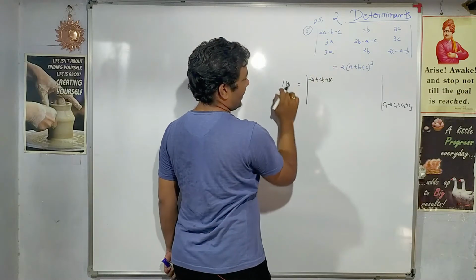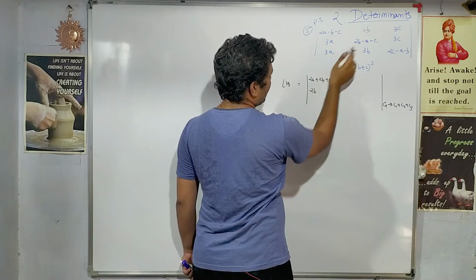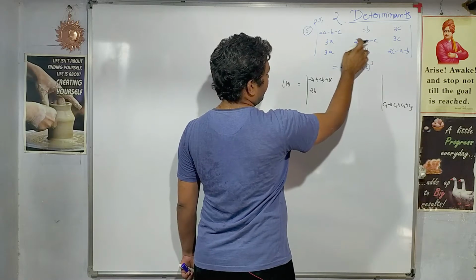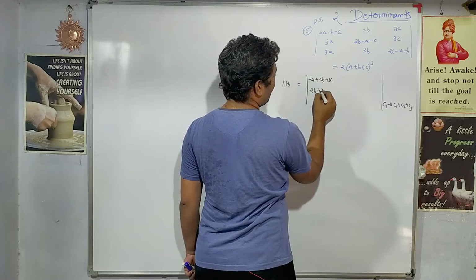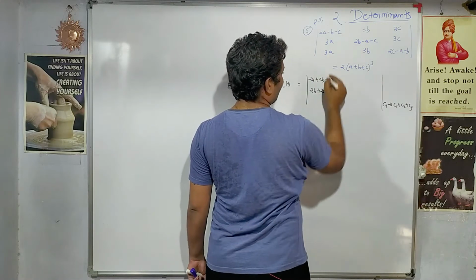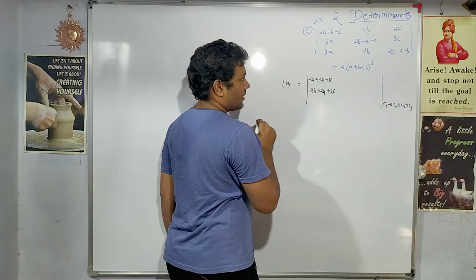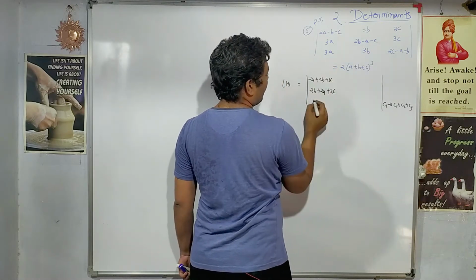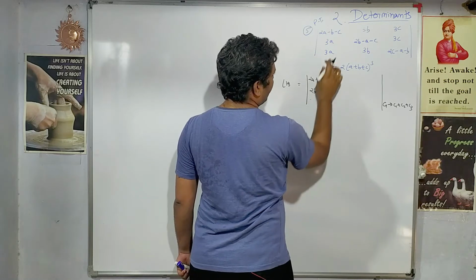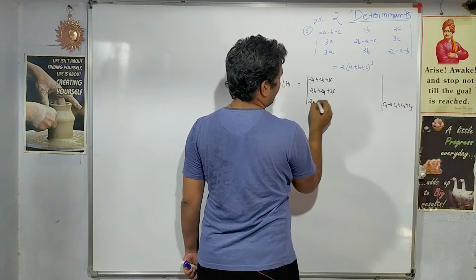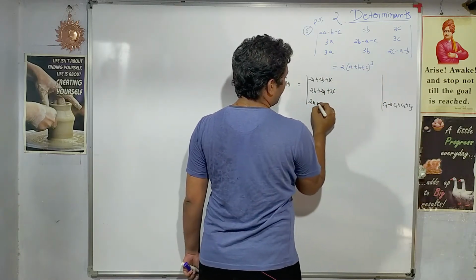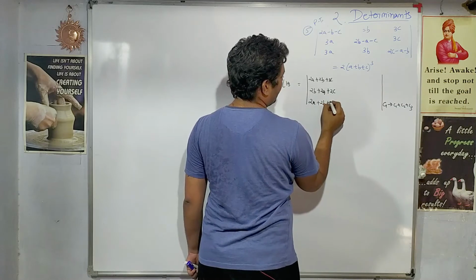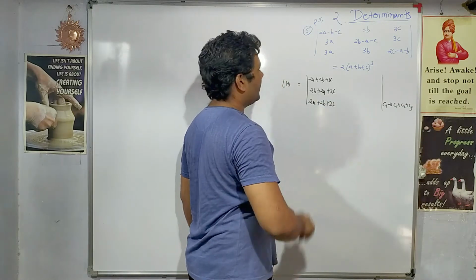Similarly this one if I add here, 2b remains as it is, right? Then minus a and plus 3a, it becomes 2a. Since this one is also added, this will give me 2c. Similarly here also if you see, you will get 3a minus a 2a, 3b minus b 2b, and then the 2c you have, right?